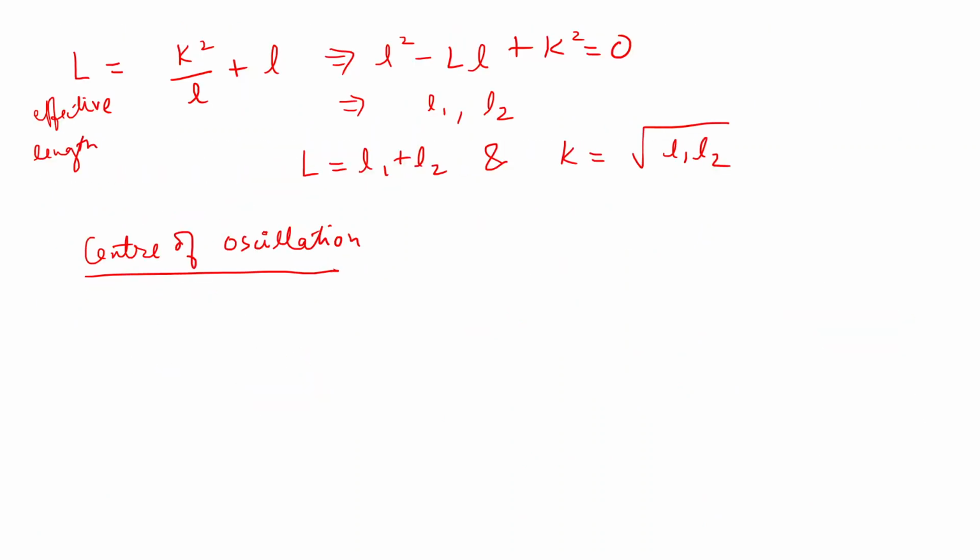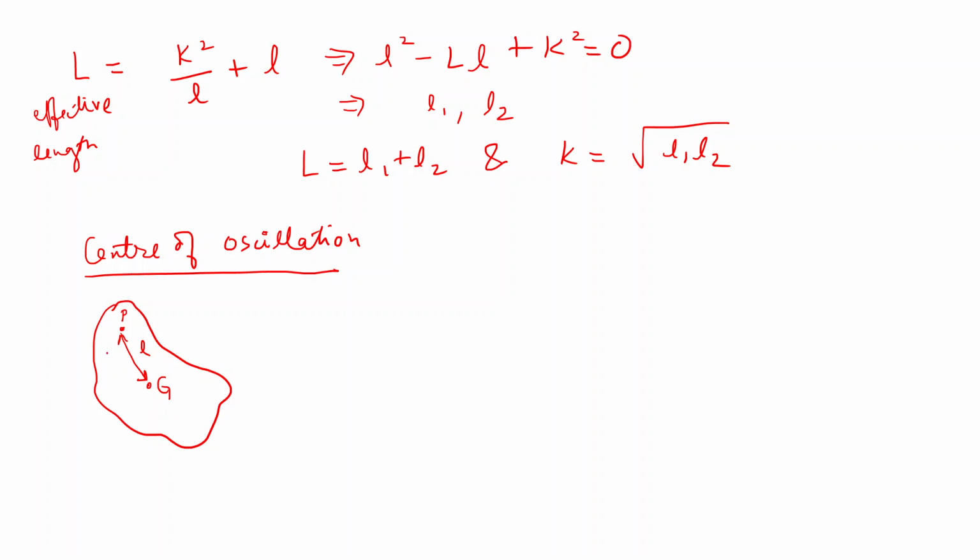Center of oscillation is actually, if we take an irregular body, say this is the point of suspension, this is the center of gravity point, the distance between them is small l again, then the effective length when we calculate is not the small l, it's somewhere else.